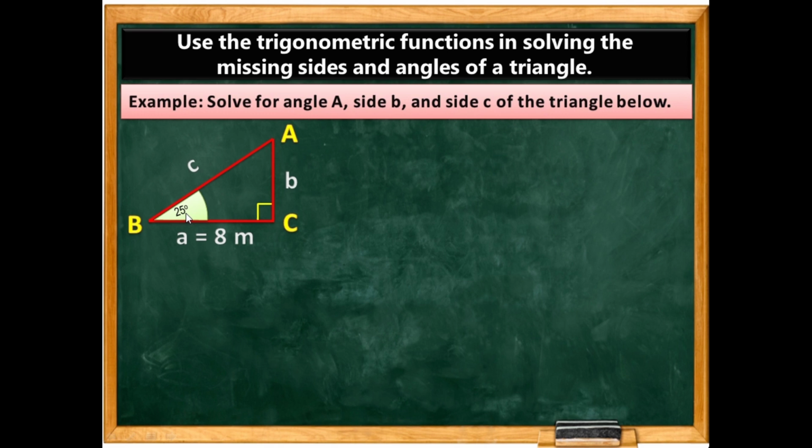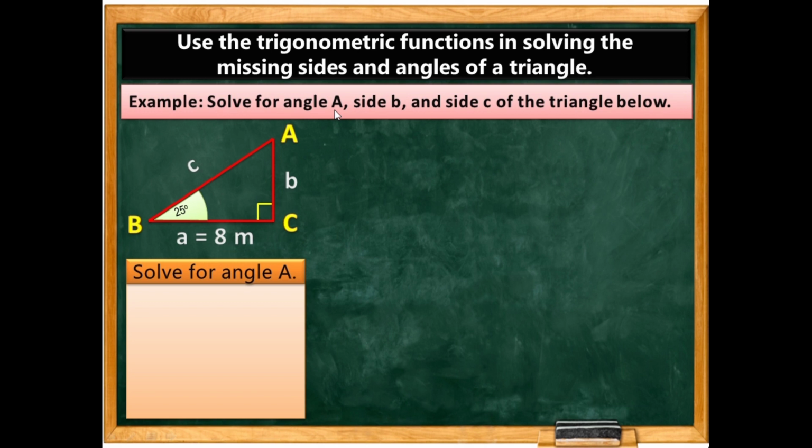We have angle B and side A, which is 8 meters, which is also the adjacent side of angle B. So in this problem, we will look for angle A. So to start, we will solve for angle A. So how to solve for angle A? So we will use the angle sum theorem of the triangle, which means angle A plus angle B plus angle C is equal to 180 degrees.